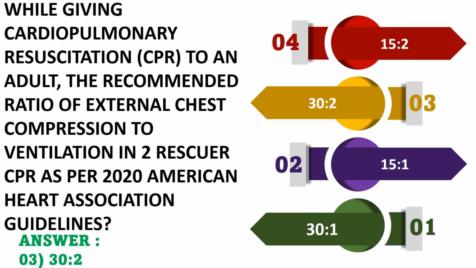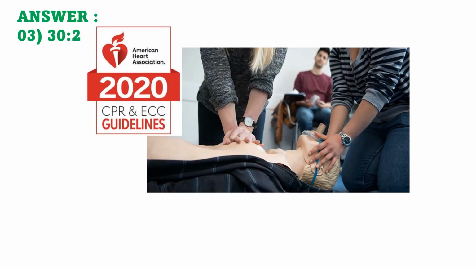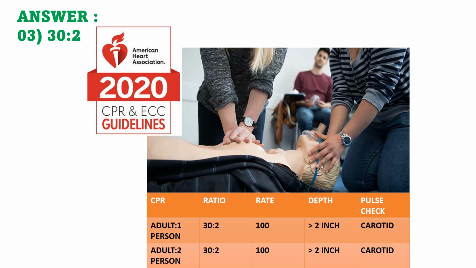And the correct answer is 30:2. As per American Heart Association 2020 guidelines, whenever we are giving CPR to an adult person, whether there is a single rescuer or two rescuers, the chest compression to ventilation ratio will always be the same, and that is 30:2.